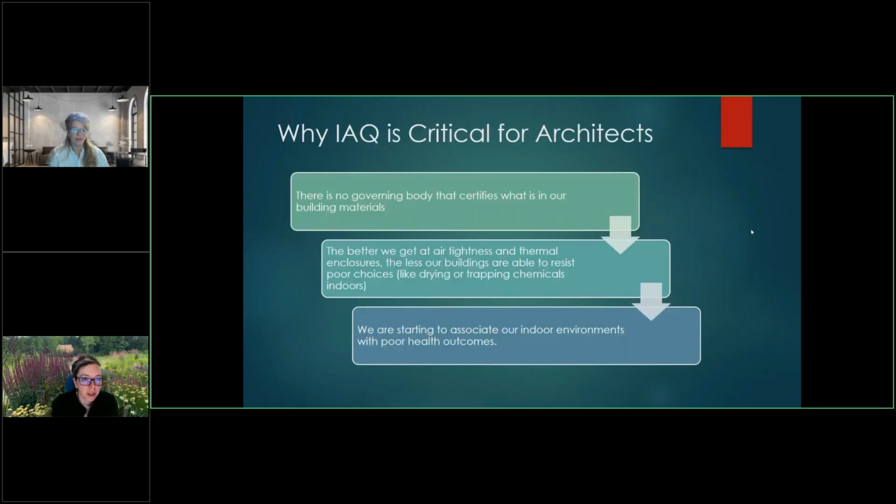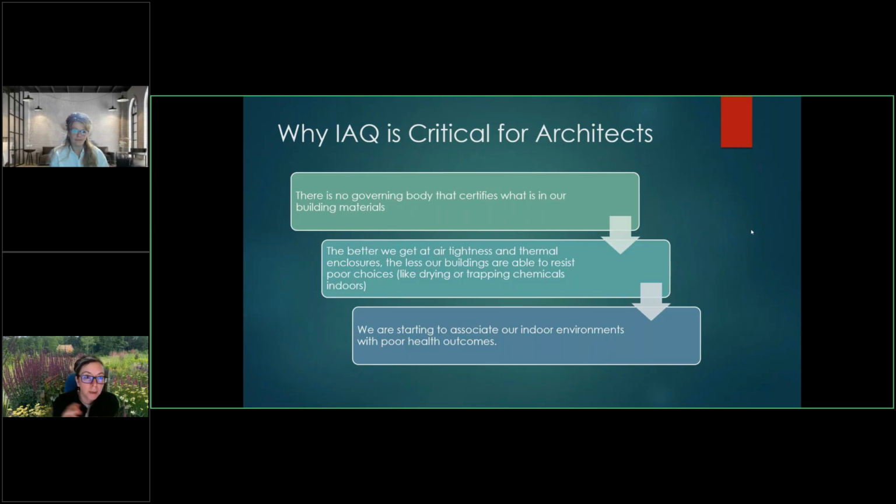Why is this critical? Okay, so why are we having these conversations? For me, that's partially because there's no governing body that certifies what materials we put in our house. You can literally put so many toxic things in your house without understanding because it's just part of the typical build process. The better we get at air tightness and thermal enclosures, the less good our buildings are at resisting the poor choices that we make.